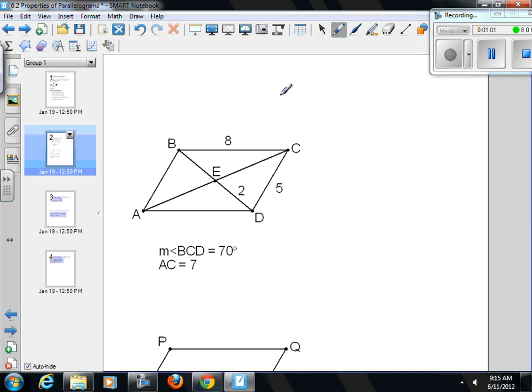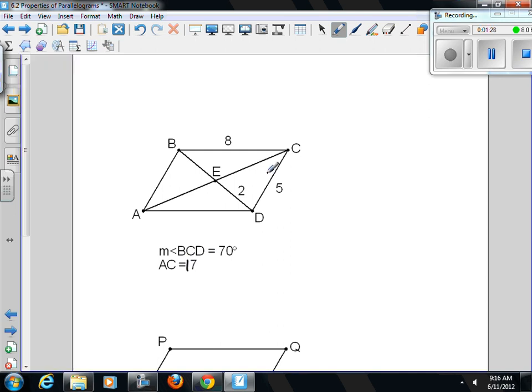Let's say we're given this figure. We are given this parallelogram ABCD, and the diagonals are drawn in, and you are given some information: BC has a length of 8, ED is 2, DC is 5, angle BCD is 70 degrees, and AC is 17.